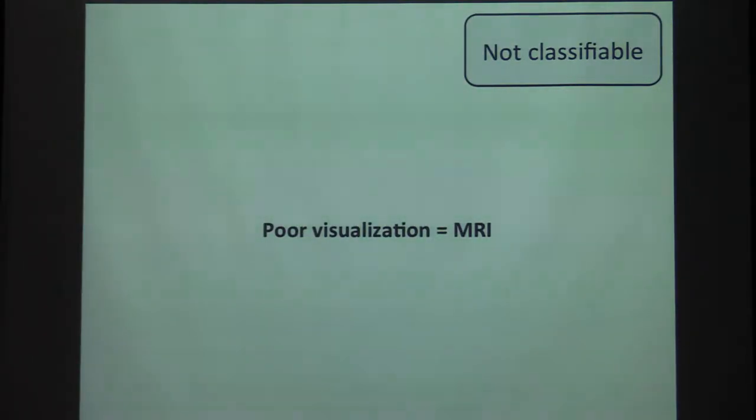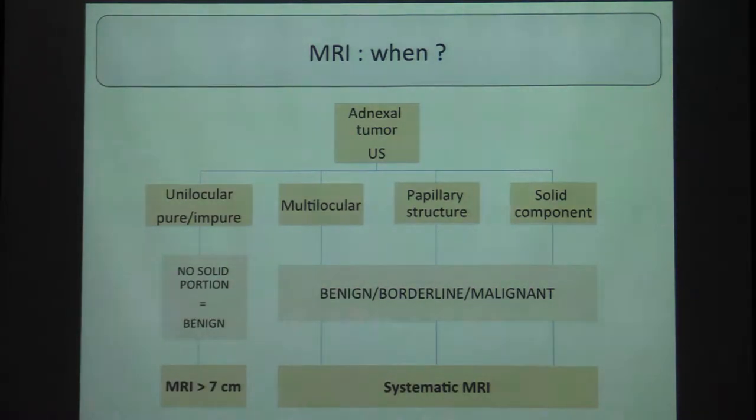Sixth category, the not classifiable tumors. When you can't see properly in your ultrasound, you have to perform an MRI. So, to resume, when do I have to perform an MRI? It's simple. When you have a unilocular cyst, either pure or impure, it means that you have no solid portion, so the tumor is benign, and you just have to do an MRI when the height is greater than 7 centimeters.